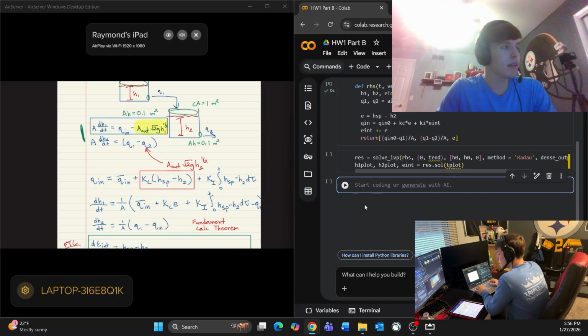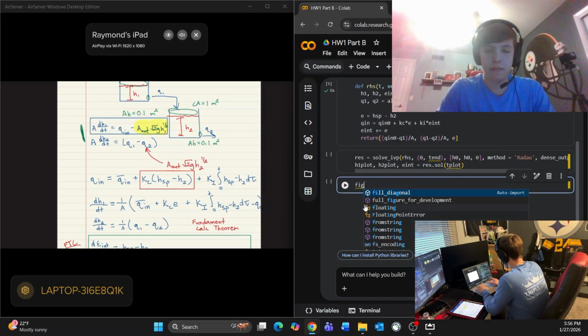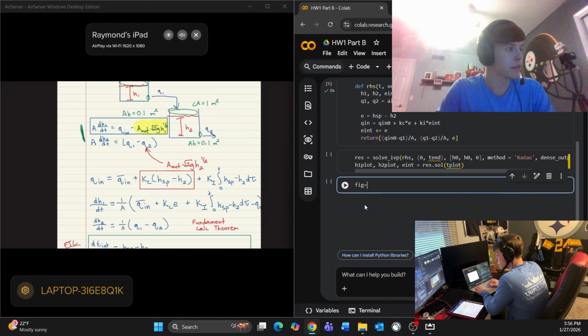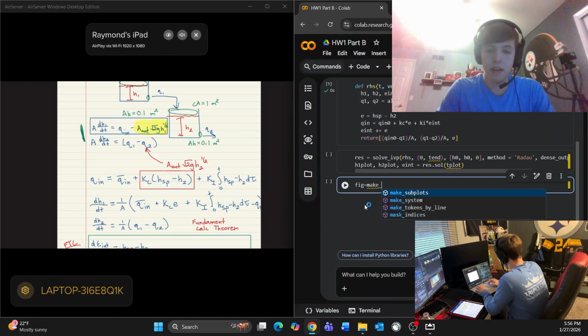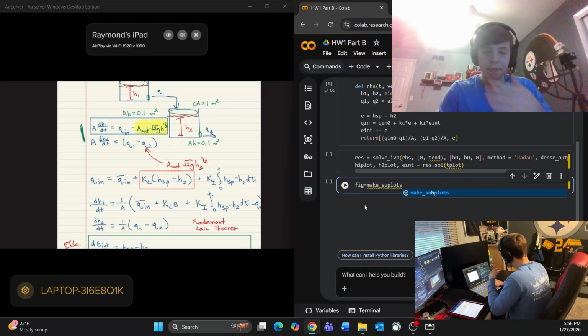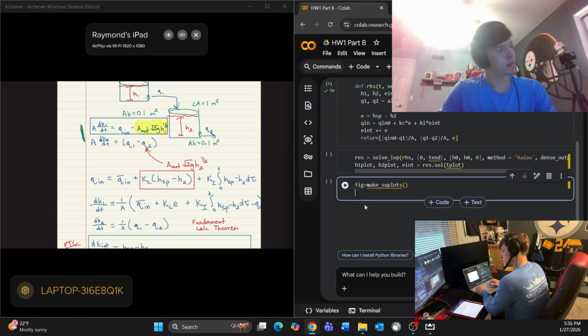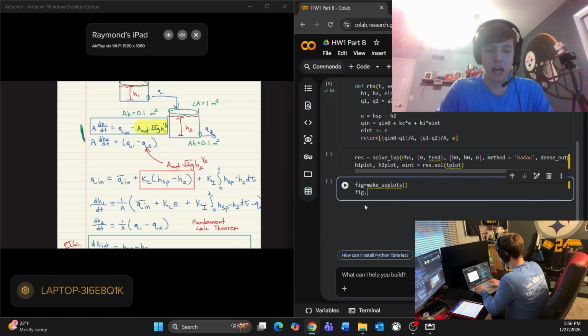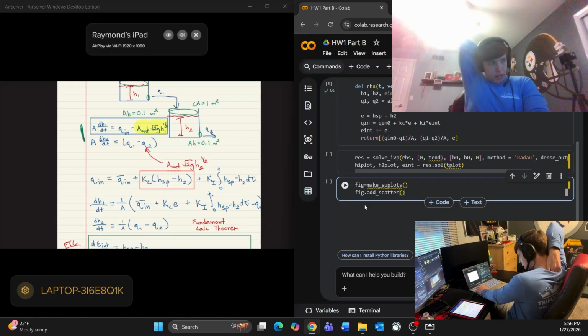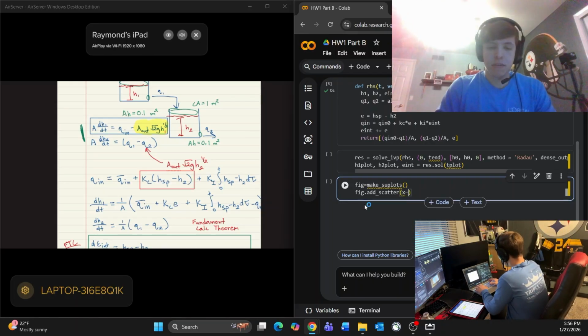And so how we're going to do this is we will do fig equals make_subplots. Then we're going to do fig.add_scatter. And for our first graph, our x will be our tplot, and this will be constant for both of them.